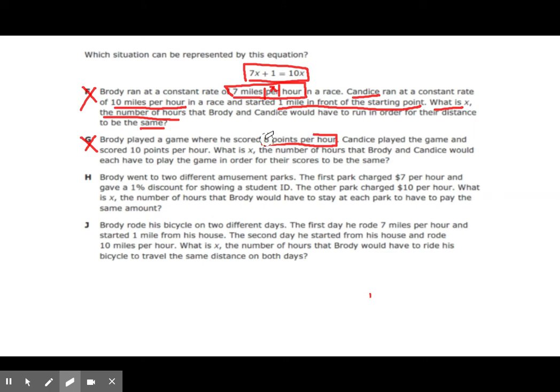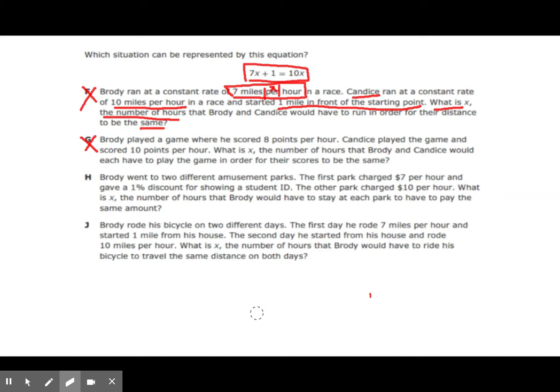H says Brody went to 2 different amusement parks. The first park charged $7 per hour and gave a 1% discount for showing a student ID. The other park charged $10 per hour.